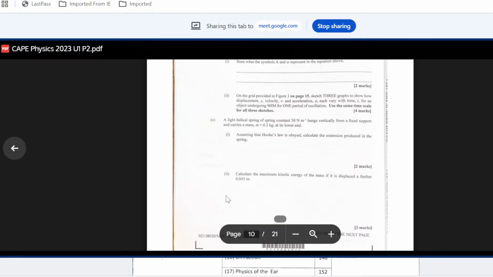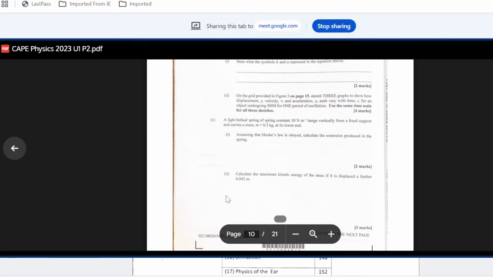Sir, I have a question. I did a calculation, but since it said a further 0.045 meters, do we add the extension to it from the previous question? Yes, we do.